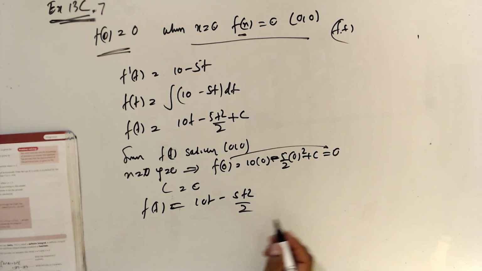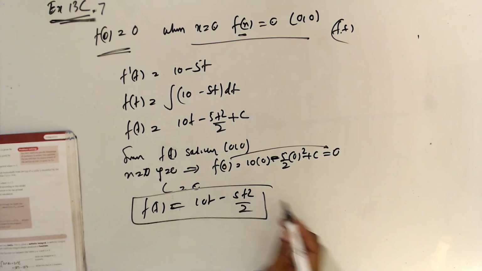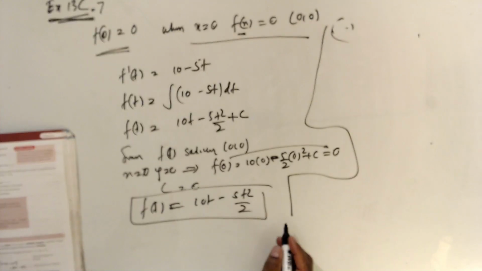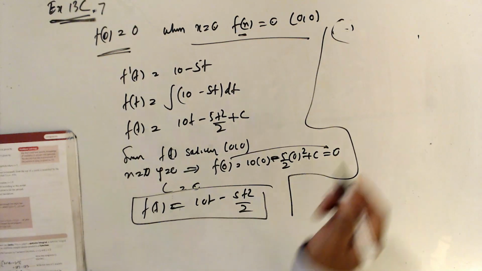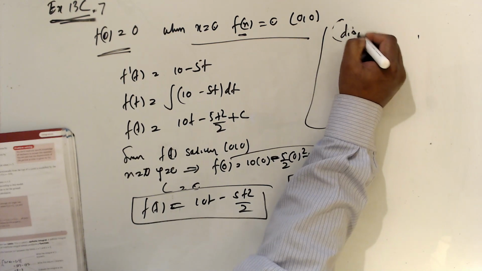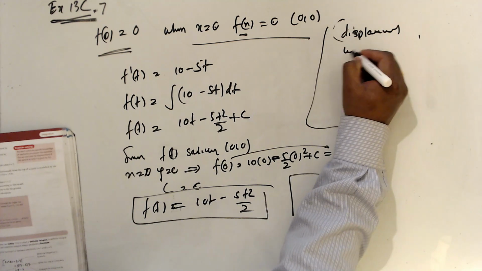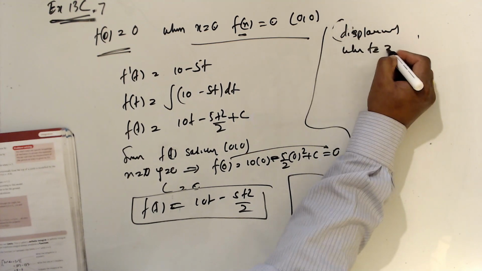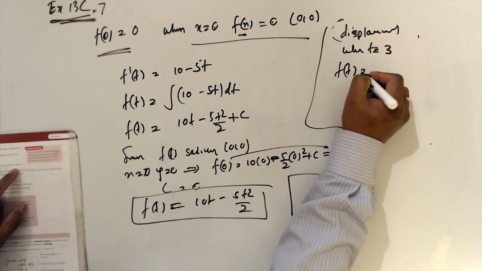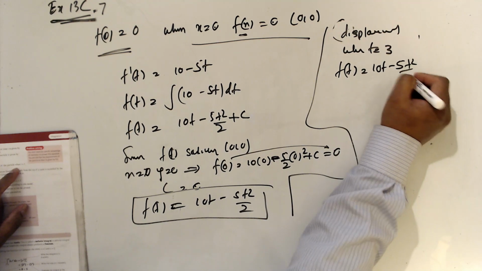Now we found the equation function. Now we want to find the displacement when t equals 3. So this is simply we need to substitute here now: 10t minus 5t square over 2.